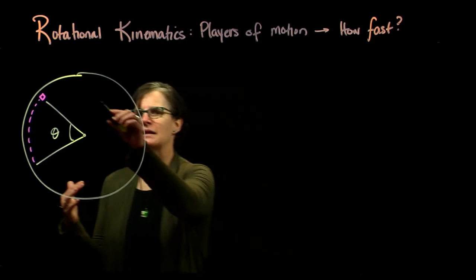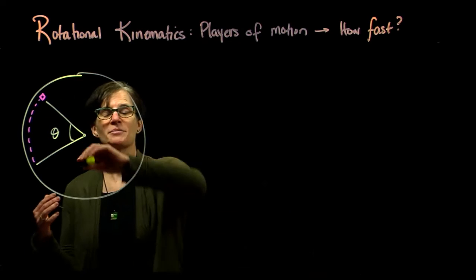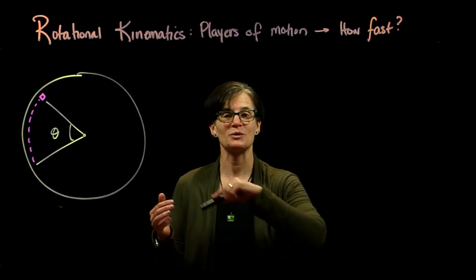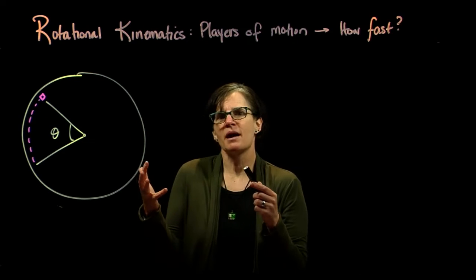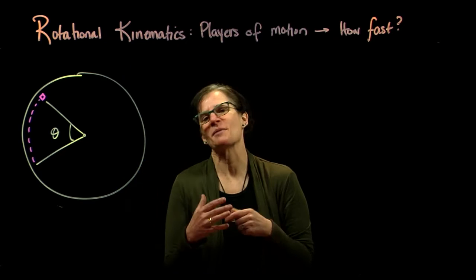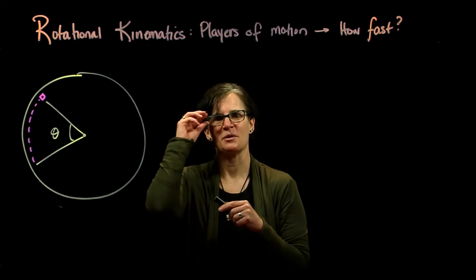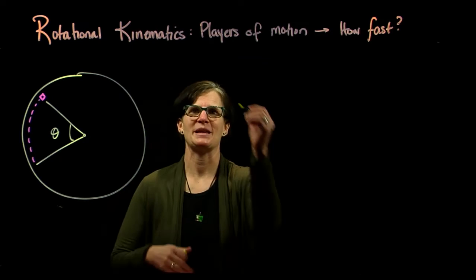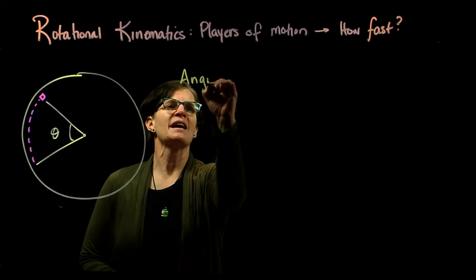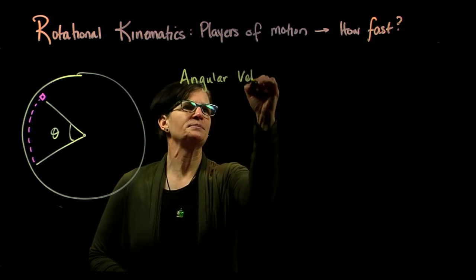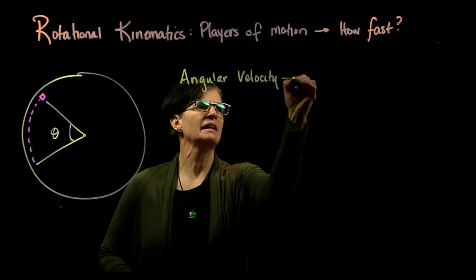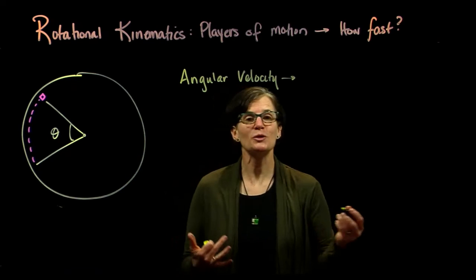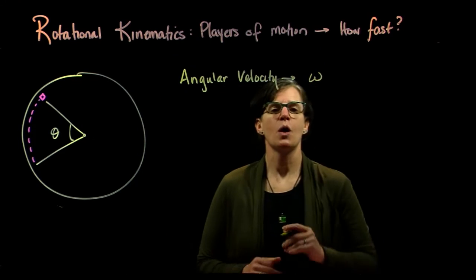We can think about how much distance the object has covered per time as it goes through this rotation, and we can think about how much angle the object has covered per time as it goes through this rotation. So let's first start with the angular piece, what we refer to as the angular velocity. For angular velocity, we use the Greek lowercase letter omega.